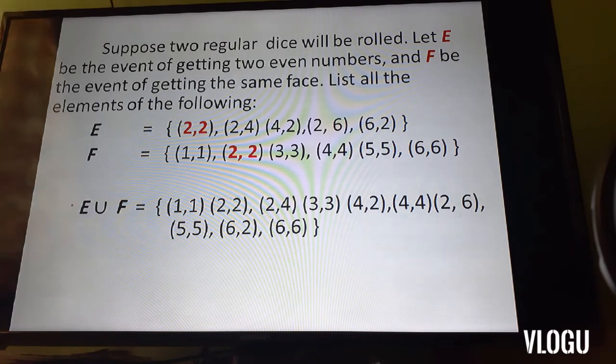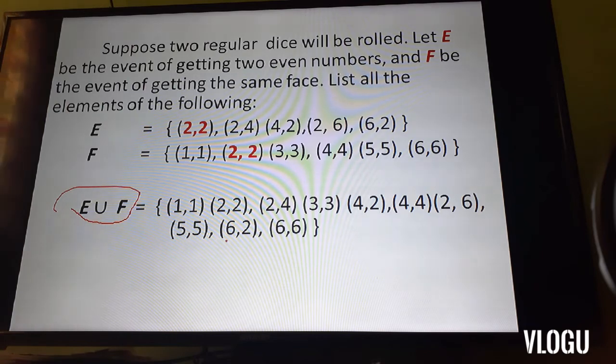Thus, our final answer for the union of these events is 1 and 1, 2 and 2, 2 and 4, 3 and 3, 4 and 2, 4 and 4, 2 and 6, 5 and 5, 6 and 2, and 6 and 6. These are the union of these two events.